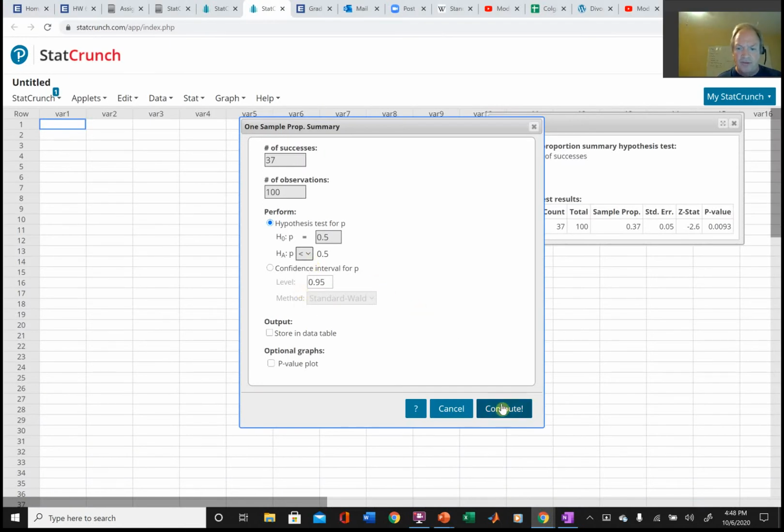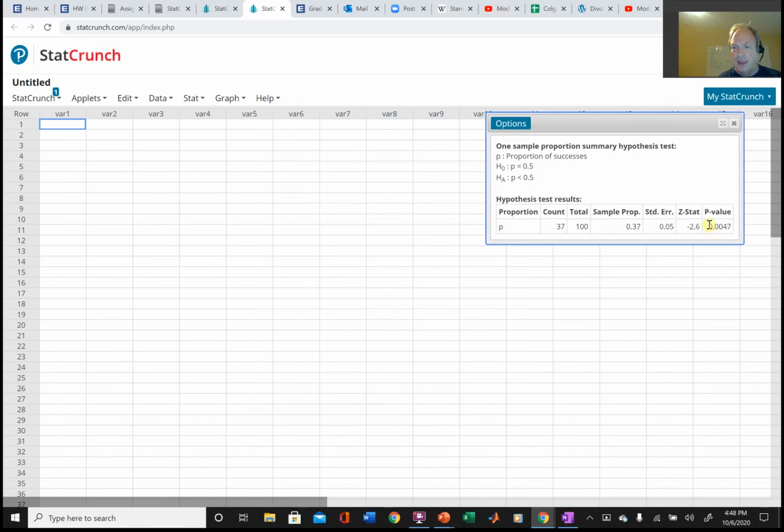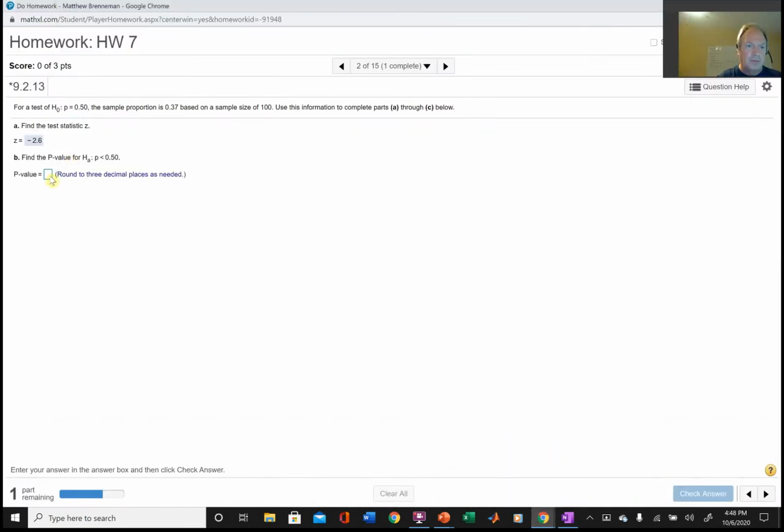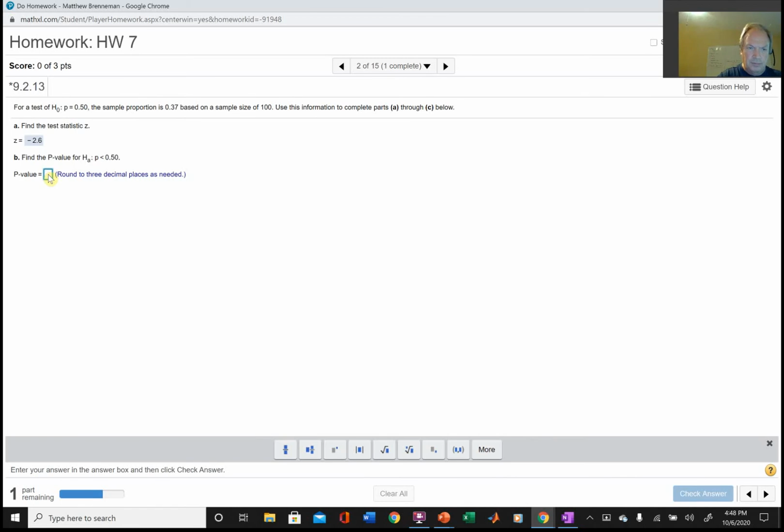The alternative is less than, and you compute it, and that's your p-value right there. Okay? So I'll go back and paste that. And you've got to watch the rounding and number of decimal places, so it's easy to get that wrong.